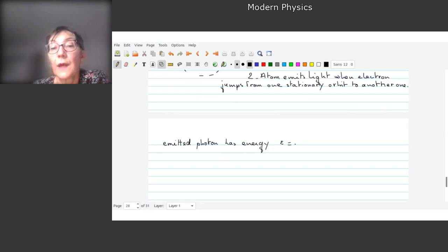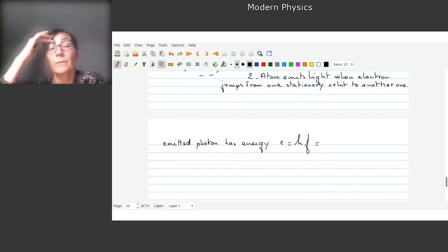Epsilon, for example, is equal to h, the Planck constant, times the frequency of the light corresponding to this photon. And so what is this energy? The atom loses energy when it goes from a higher energy orbit to a lower energy orbit.